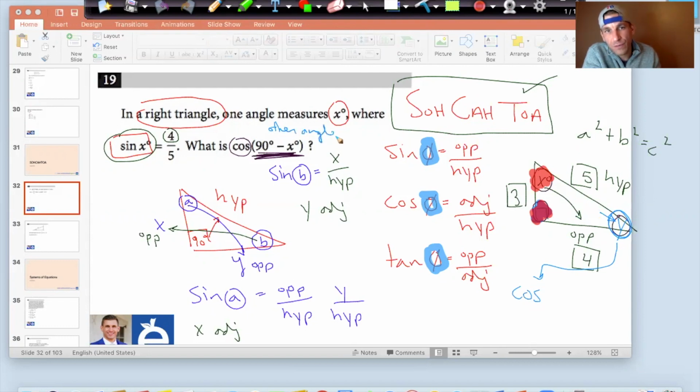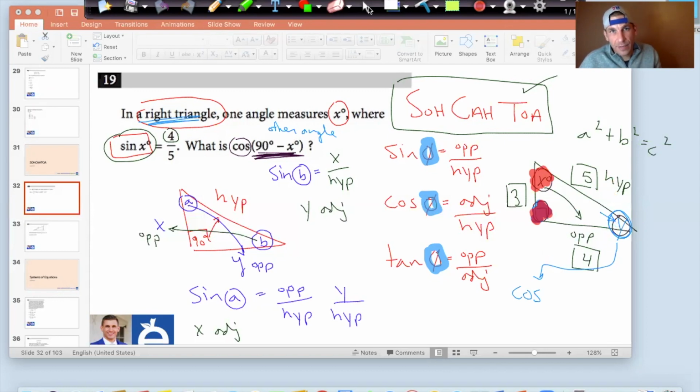Don't fall for this trap if they ask you on the actual test. This is a gimme. The moment they tell you it's a right triangle, what they're trying to tell you is that the other angle is the point of reference of what they're asking. So in this case, they're talking about Y.